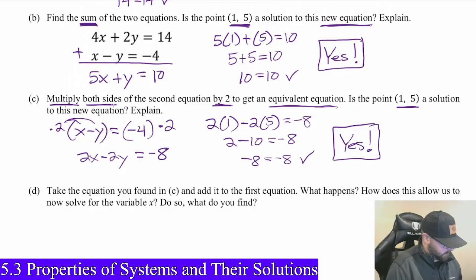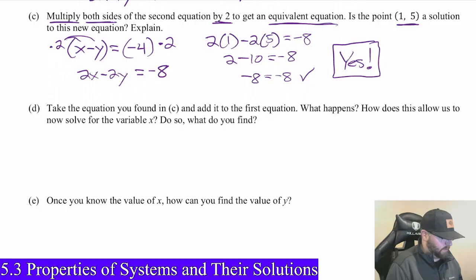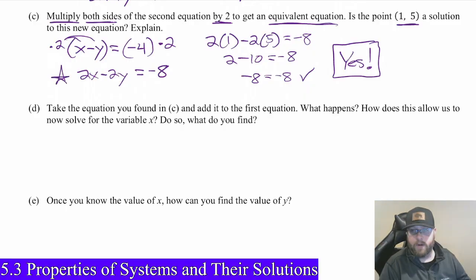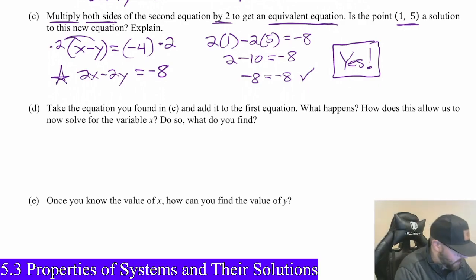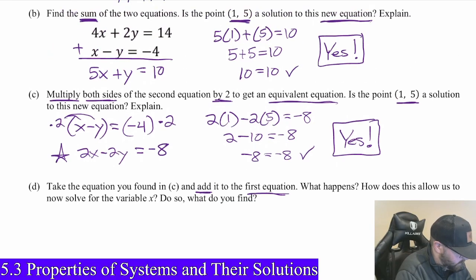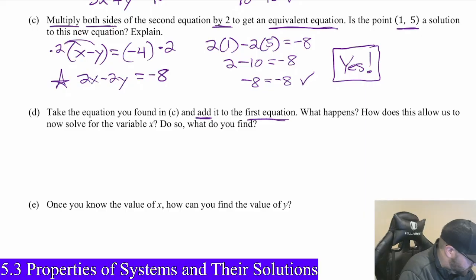Okay. So we're going to take the equation that we found in part C, which is this one right here, that 2x minus 2y, and we're going to add it to the first equation and see what happens. So our first equation, remember, was 4x plus 2y equals 14.